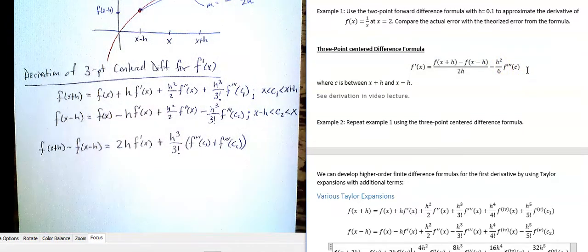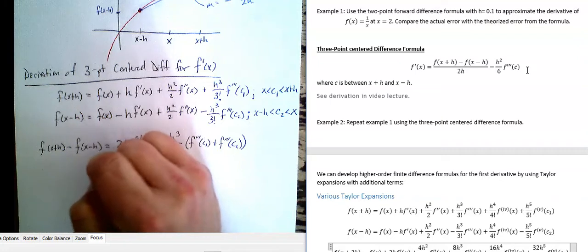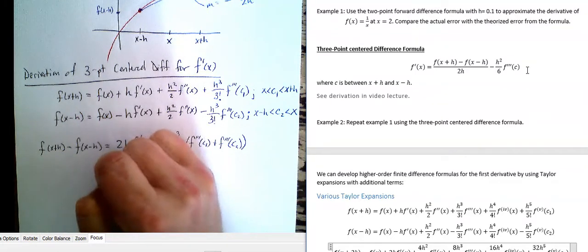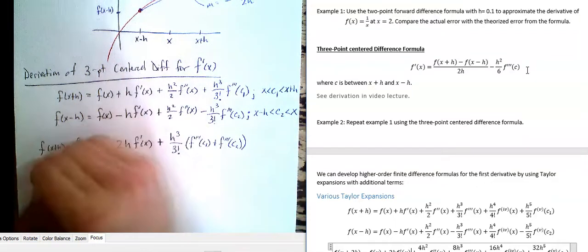So if you look in your book at theorem 5.1, by theorem 5.1, I'll put that there. I'm not going to go through the proof of that theorem. It's basically an intermediate value theorem. It says that the sum of two function values can be gathered by some multiple of the function evaluated at some point within c1 and c2. Okay, so I'm going to fudge that a little bit.